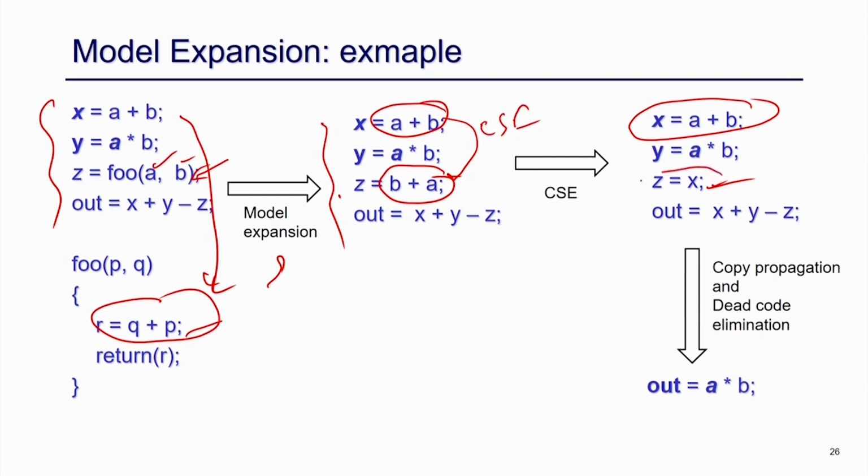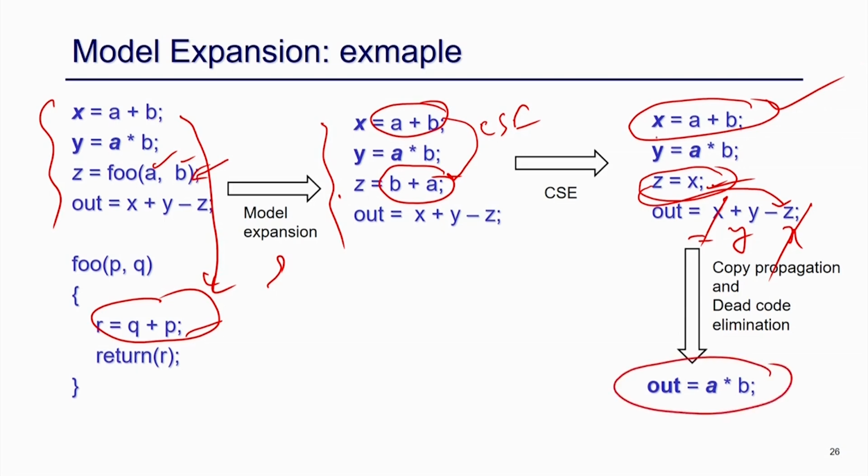Now this has become a copy operation, so I can do copy propagation, right. I can just put x here. Once I do this, x equal to x, then I can replace this, and then this out will become only y, right. Then once I do this, x equal to a plus b becomes dead code, because that has no use. So effectively this becomes out equal to a star b.